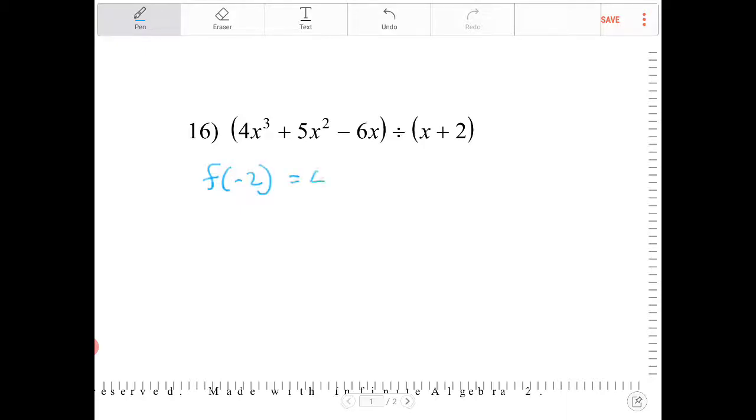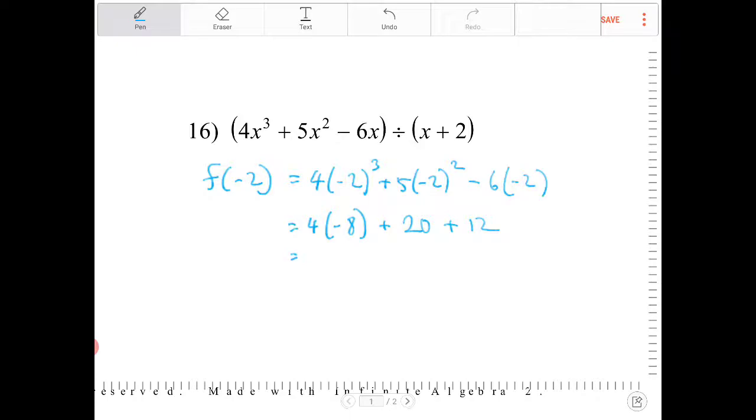Okay, this is 4 times negative 2 cubed plus 5 times negative 2 squared minus 6 times negative 2. Negative 2 cubed, that's negative 8. So this is 4 times negative 8. Negative 2 squared is 4, so 5 times 4 is 20. 6 times negative 2 is negative 12, so it's plus 12 because minus negative.